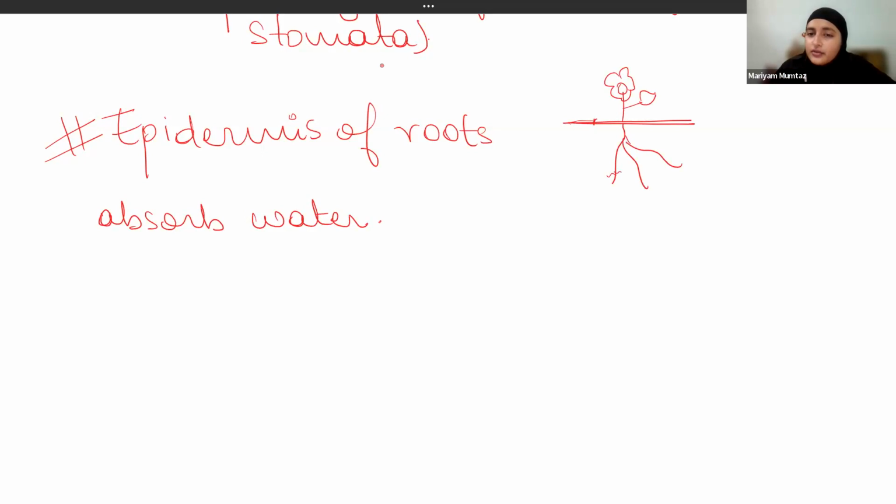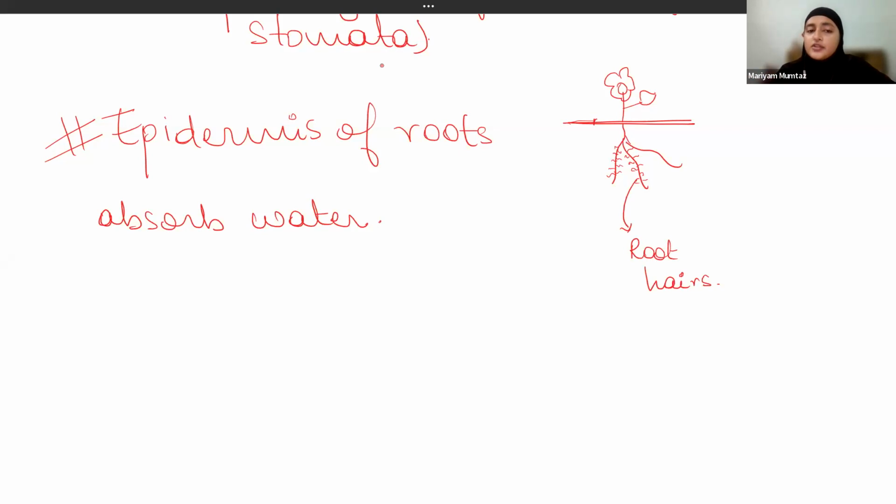Now, every root has tiny hair-like structures, and these structures are known as root hairs. The root hairs help in the process of absorption of water, and these root hairs also arise from the epidermis. Is it clear? Yes, it's clear.